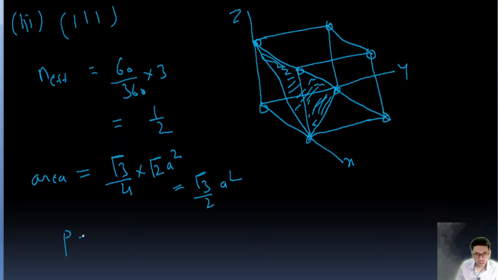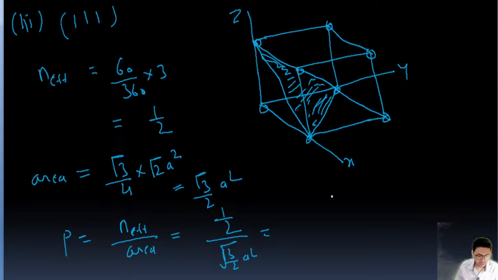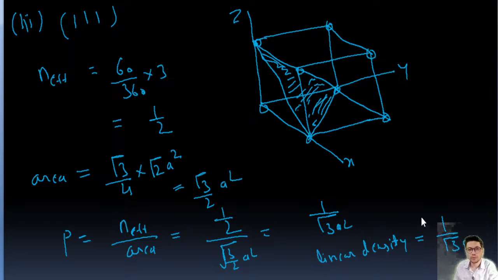So atomic density rho is n effective upon area, which is (1 by 2) upon (root 3 by 2 a square). If you solve it, this is 1 upon root 3 a square. And linear density is going to be 1 upon root 3a.